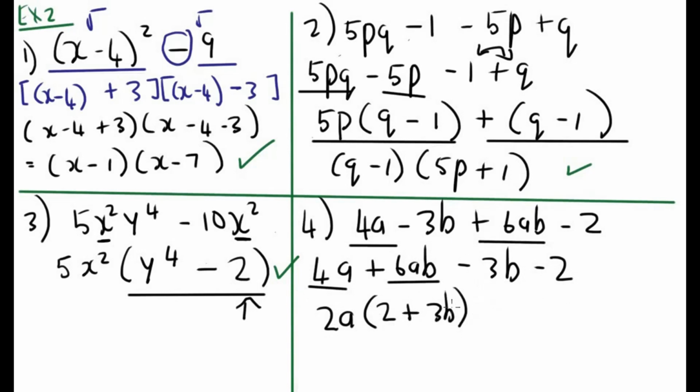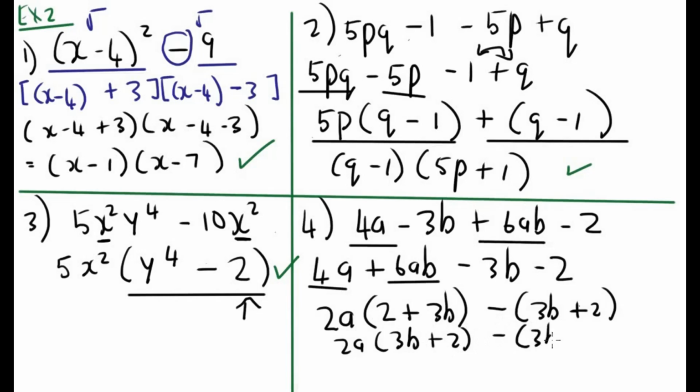Okay. So because this is positive, I can either do 2 plus 3b, or I can take an extra step here and say, okay, there I've got 3b plus 2. So now I'm left with 2a, and I can just swap that around, 3b plus 2. Why? Because I normally would have my variable term come first.